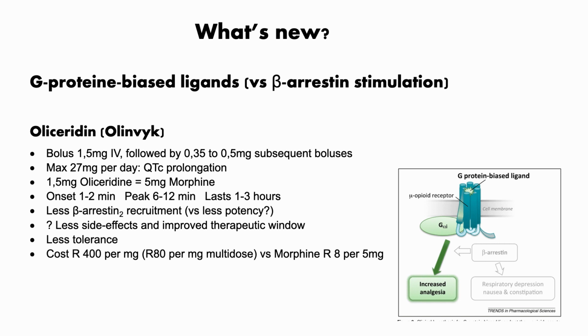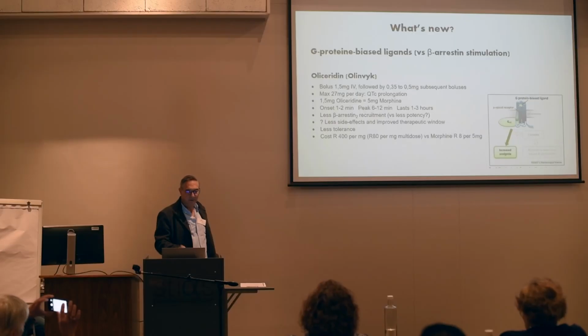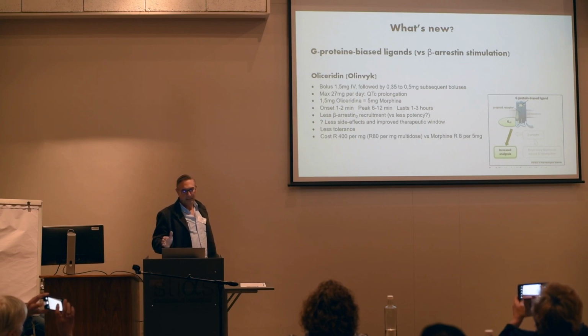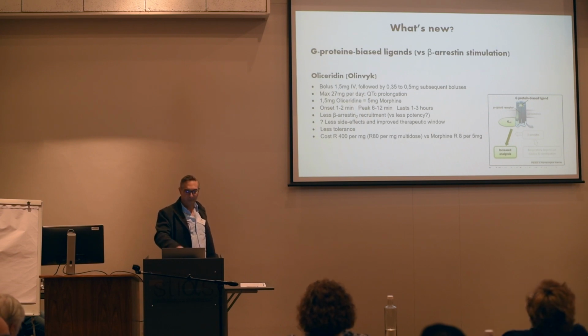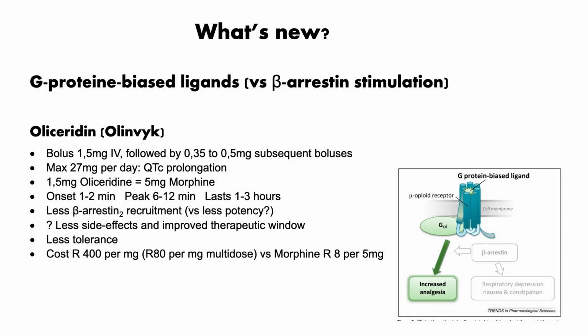The arrestins move to the cell surface, and they basically act as brakes on the opiate receptor, and they then also help to internalize the receptors as well, but they in themselves also have effects. Opiates also bind to the arrestins, and they do cause a lot of the side effects that we see.